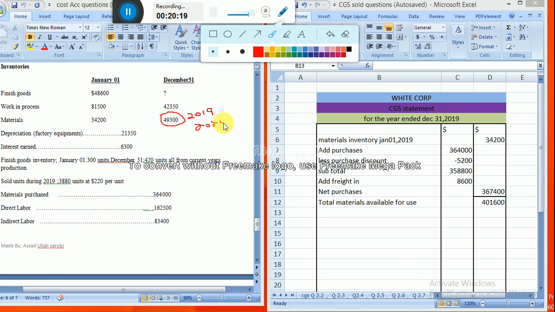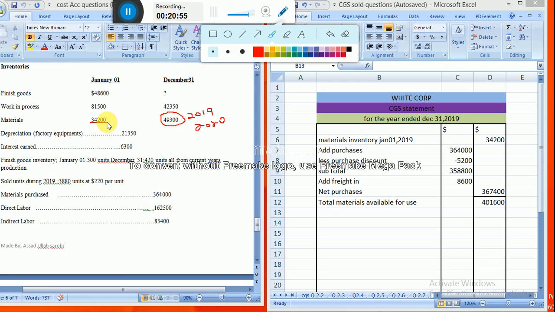Clear? So according to the matching principle, we will subtract these materials from 2019 and will add such materials in 2020, just like the 34,200 material which was not used in 2018. We recorded these in 2018, but not used in 2018.